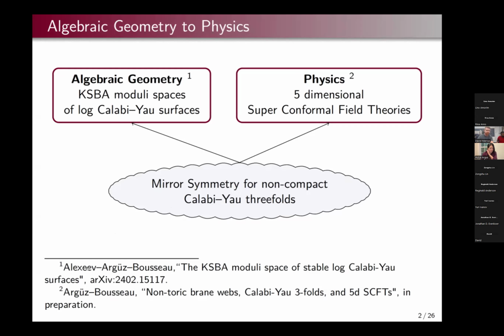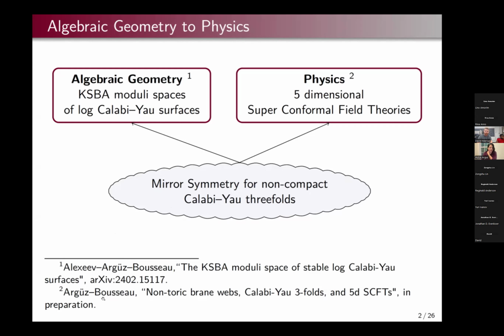in February with Valery Alexeev and Bousseau, which is an algebraic geometry paper explaining how to understand the geometry of moduli spaces of KSBA log Calabi-Yau surfaces going via mirror symmetry.